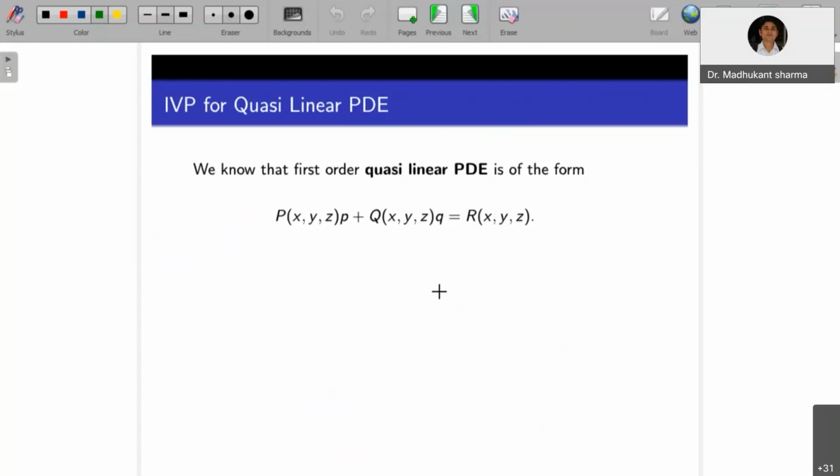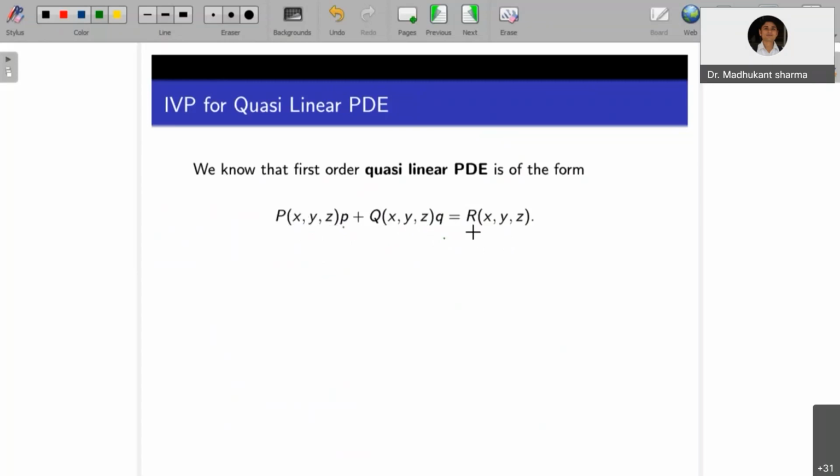As we can recall here, we will say a first order PDE is quasi-linear when you have P coefficient and Q coefficient as a function of x, y, z only, and the rest of the things are functions of x, y, z on the right side.